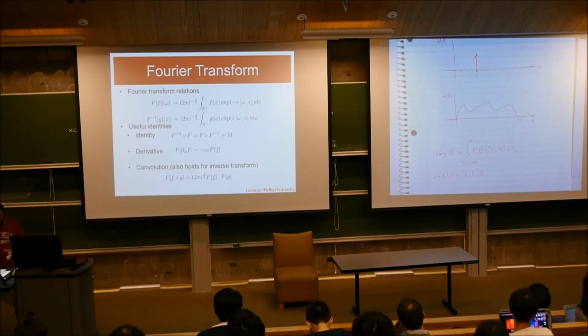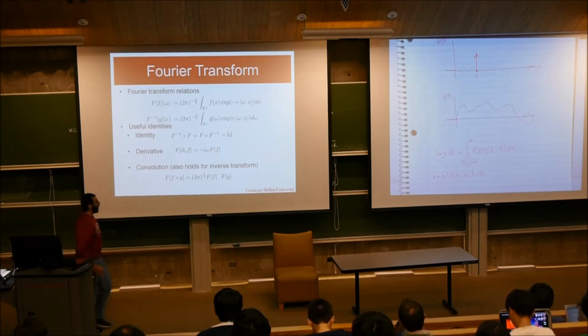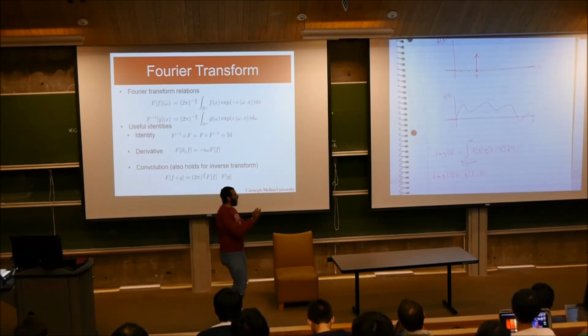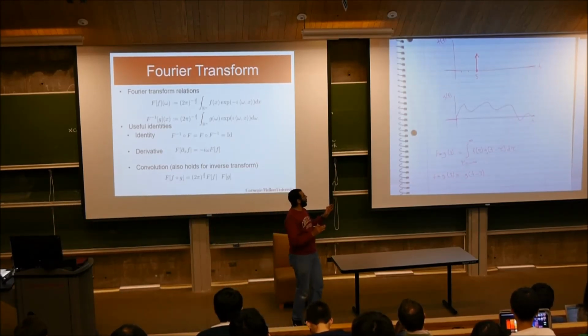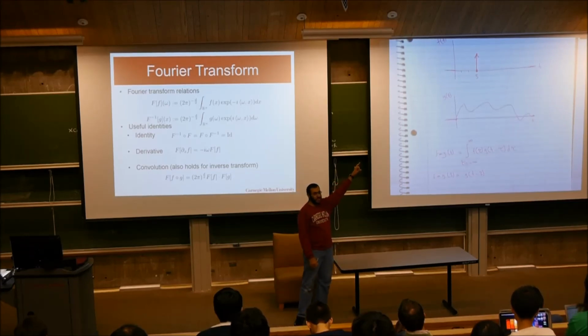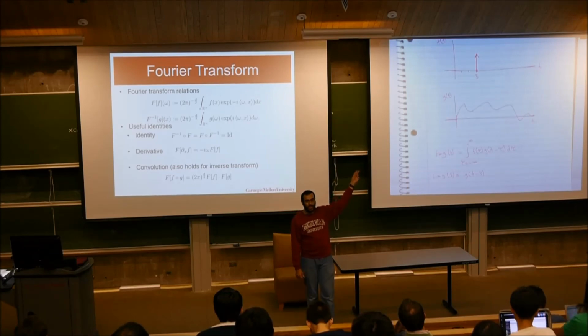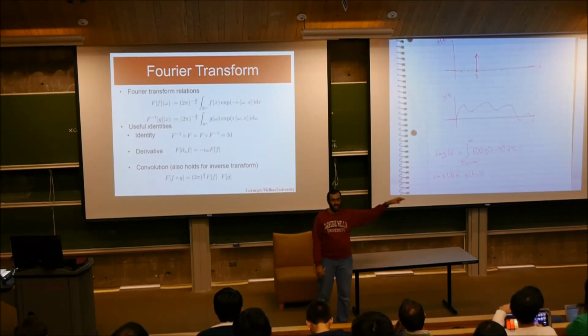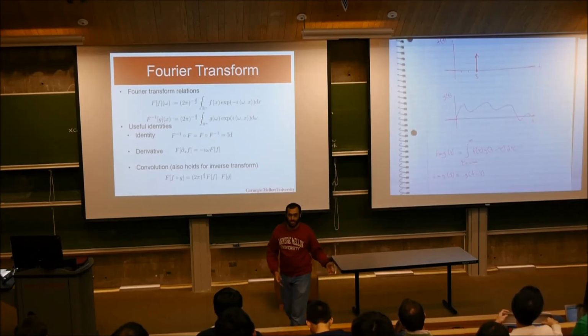And so the convolution basically tells you what's the output of a system whose response function is specified by f of t if you input g of t to that system.